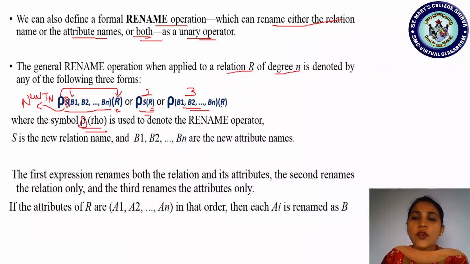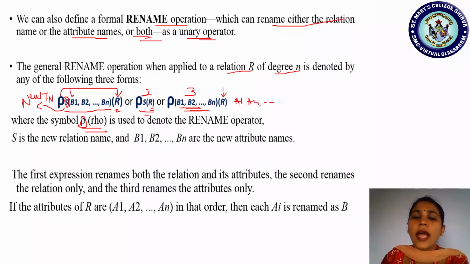Did you all understand? So if R is the employee relation, you are keeping the table name as it is, but you are trying to change which information? The attribute names. Suppose the employee relation R has the attribute names A1, A2, like this.